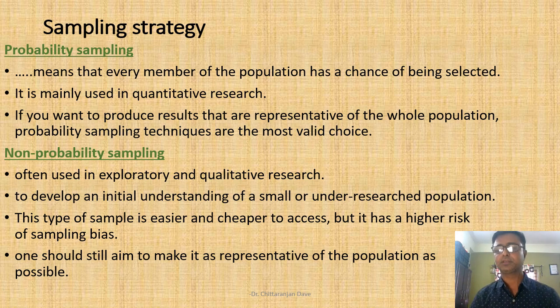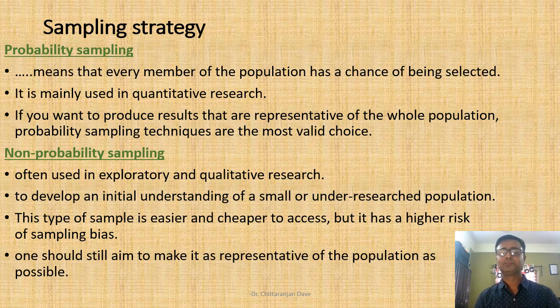So how do we draw a sample from the population? There is a strategy, a sampling strategy, and there are two kinds of strategy. One is called probability sampling, and the other is non-probability sampling. In probability sampling, every member of the population has a chance of being selected. So there is neither bias nor any effort from the person.